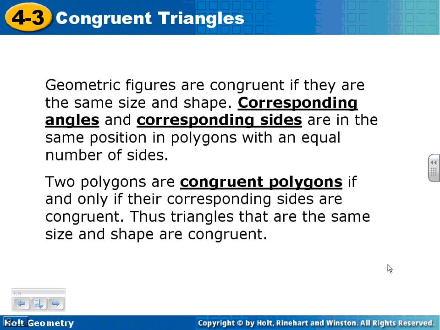Thus, triangles that are the same size and shape are congruent. Again, congruent triangles are identical twins. All three sides are congruent, and all three angles are congruent. So that's 6 parts altogether.